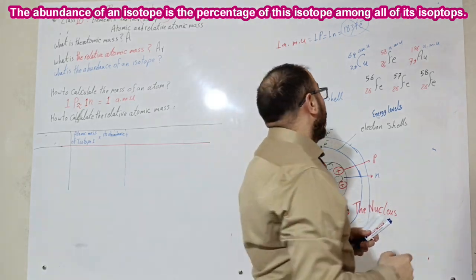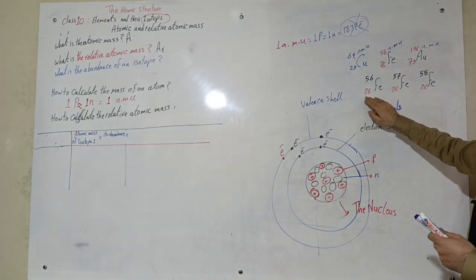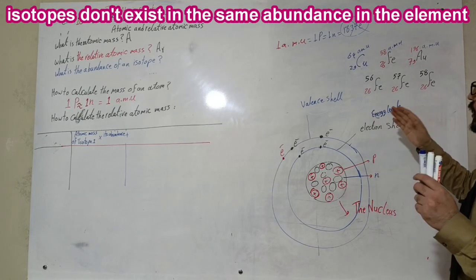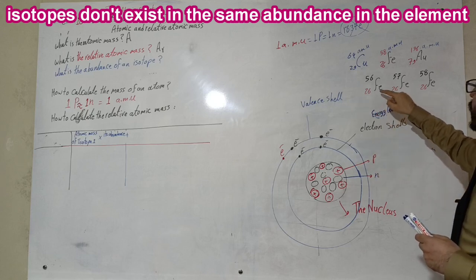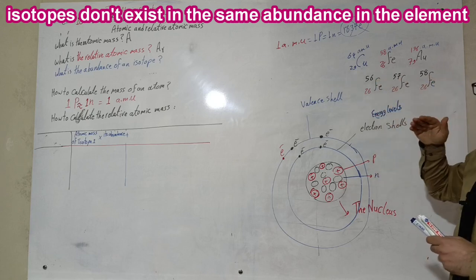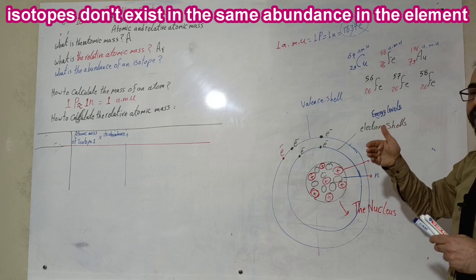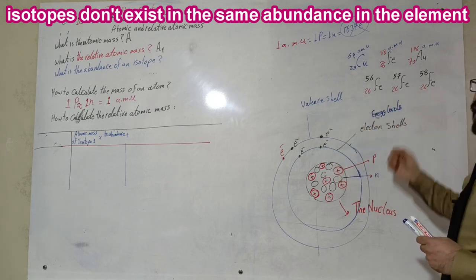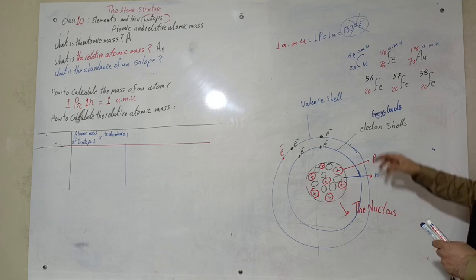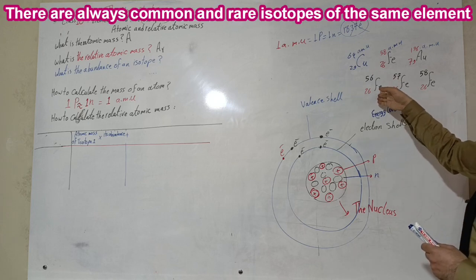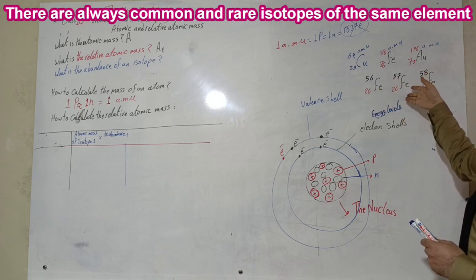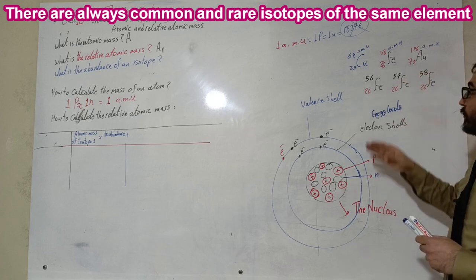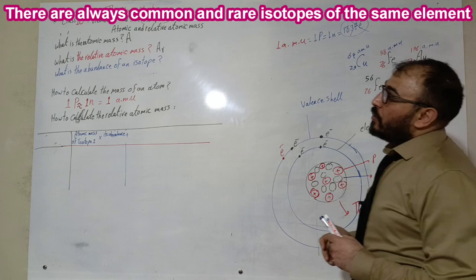For example, if we take iron and its isotopes, you can easily say that those isotopes do not exist inside the element with the same number of atoms or the same percentages. Maybe this one has more atoms than this one, and this one has fewer atoms inside the element.